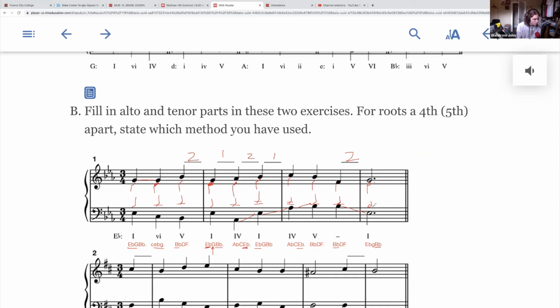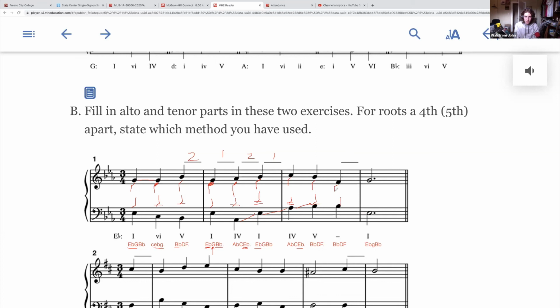The book did a completely different answer. Can I show you what the book did? Okay, so I'm going to undo what we did. The book did something similar. Instead of the tenors taking the D, the tenors go down and share the B flat.